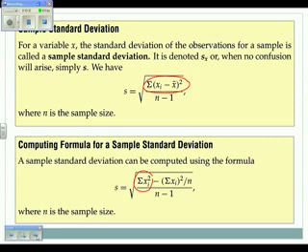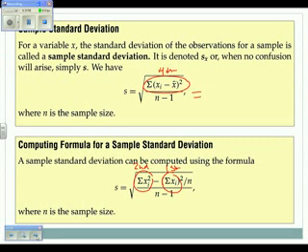And then we have the sum of x, which was the sum of the first column. So all of these things in the formulas we can get from the table that we just filled out.